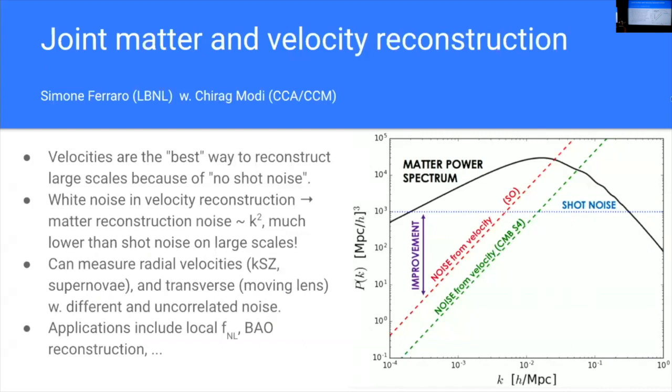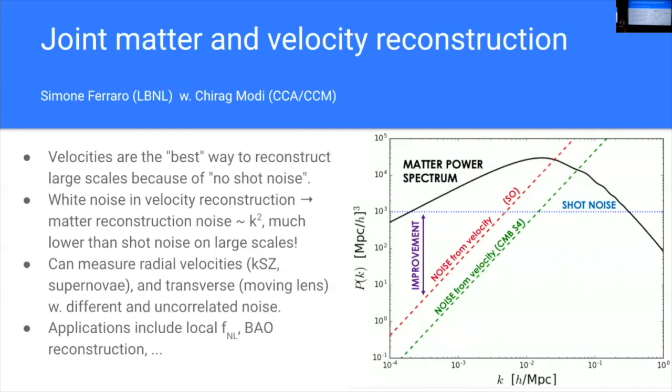So applications include local fNL, as you know, since large-scale bias has a large effect from fNL, but also BAO reconstruction, which is particularly important next to the boundary. If you have a survey with a boundary, you don't know what the matter density outside the boundary is, but the velocity field knows what the matter density outside your survey is, so you can actually improve BAO reconstruction quite a bit close to the boundary.